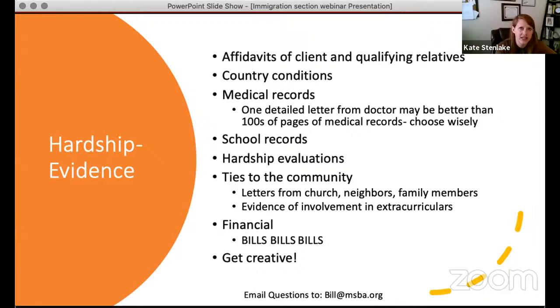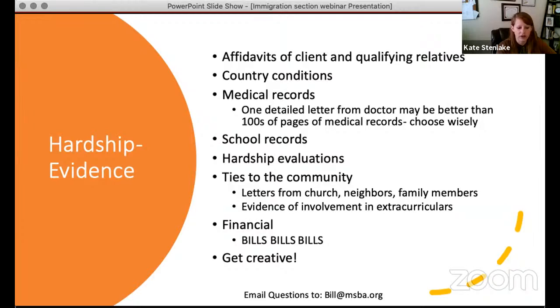I've definitely dealt with cases like that. For instance, a client has severe medical issues, but then, I'm sorry, the qualifying relative has medical issues, and then maybe the medical issues have cleared up, or the qualifying relative was in school and isn't necessarily in school anymore.